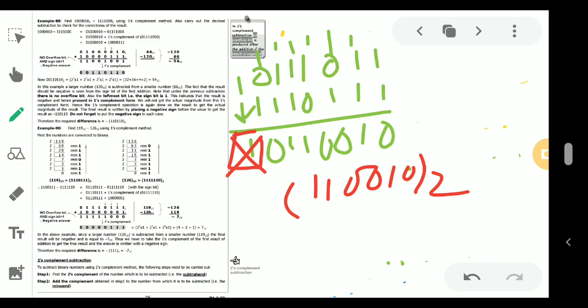Okay, so it may happen that in some cases we will not get any carry part, that is, overflow is not there. So at that point of time, what you have to do? Let's take an example of that kind of sum so you are able to understand.